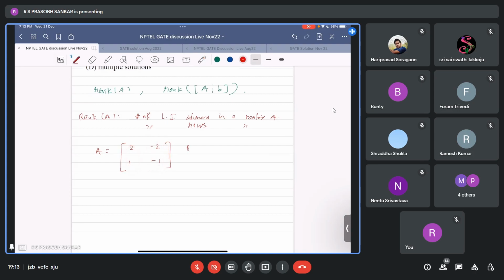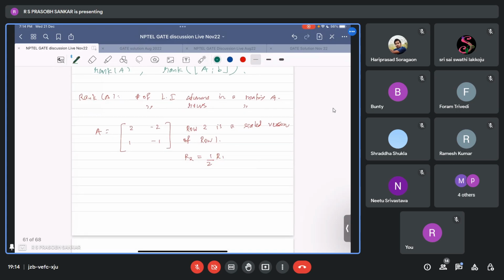So what we can say is that row 2 is a scaled version of row 1, or I can say that R2 is basically half times R1. That is the relation between these two rows.